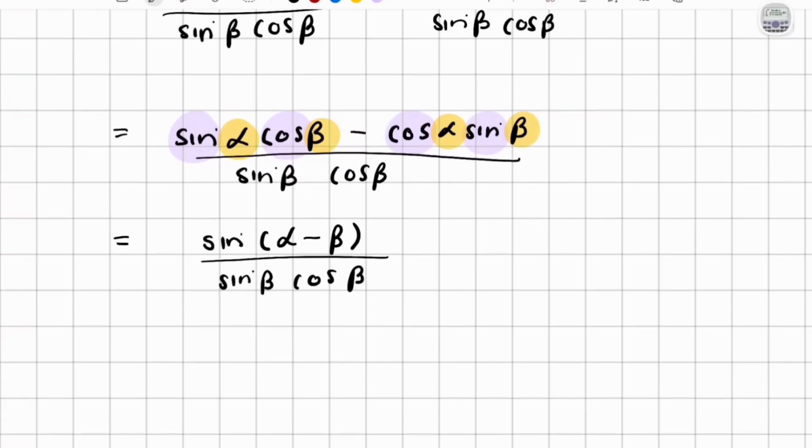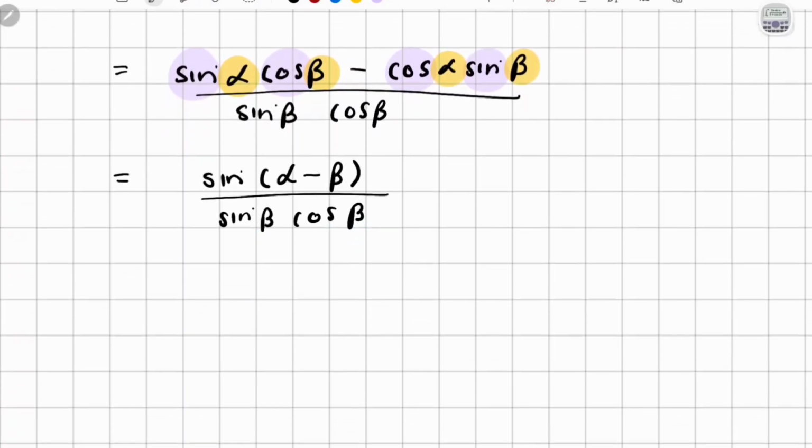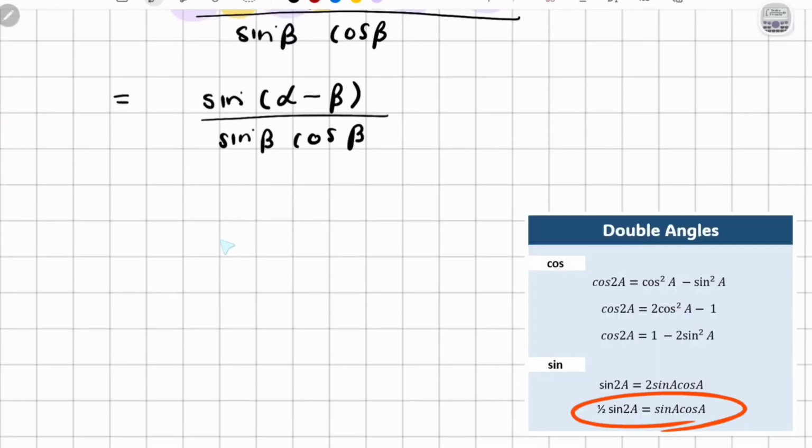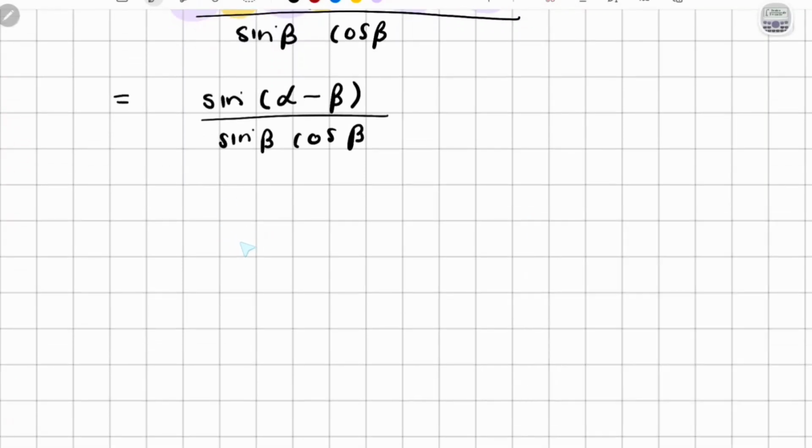Okay, so how do we get it to look like that? Well, I'm seeing that here we have sine beta cos beta, which looks very familiar. In fact, it looks like a double angle formula. Do you remember the double angle formula that says if you have sine of 2 beta, it is equal to 2 sine beta cos beta?